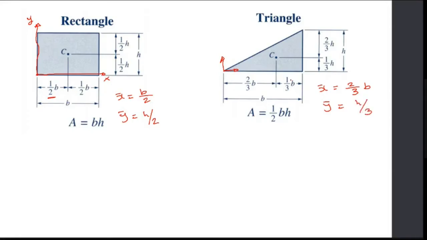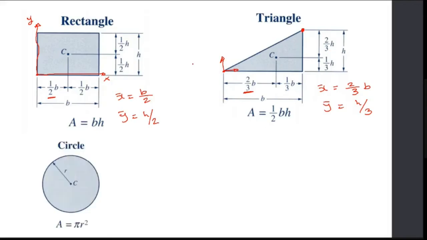So from the apex, it is 2 by 3 b, and from the base, it is 1 by 3 b, right? The base is something you can see as a vertical line, and this is a point. Similarly, along the y-axis, this is my apex, a single point, and this is my base, a line. So from the base, it is 1 by 3 h, and from the apex, it is 2 by 3 h, right?